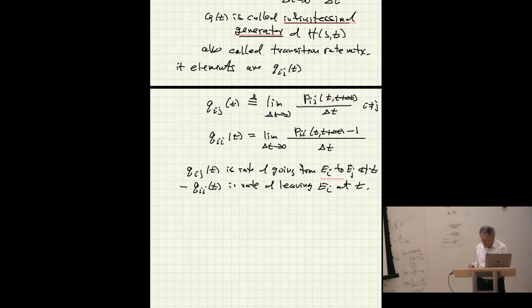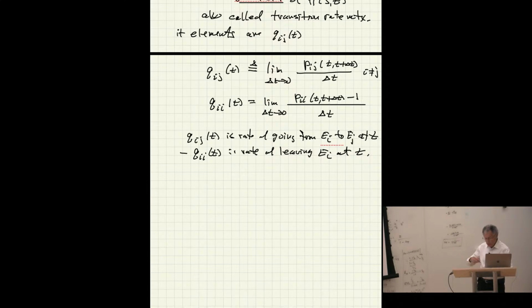And as a result of that special definition of q ii, where you accumulate everything on the row of a matrix and put a minus sign on it, we're going to get the sum on any row i of q ij of t is equal to 0, for all i.